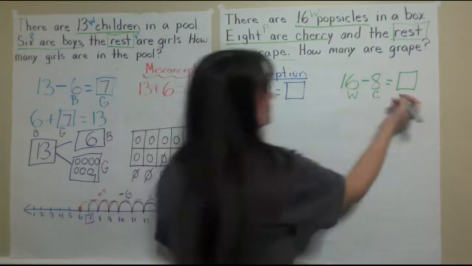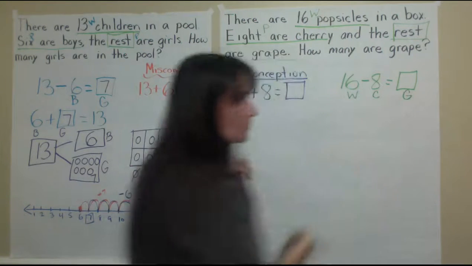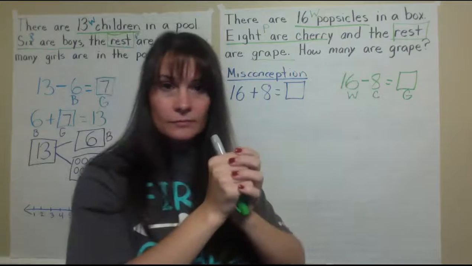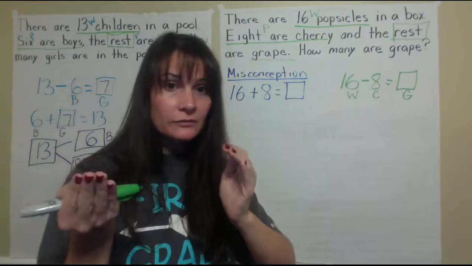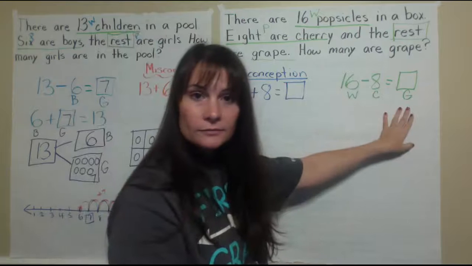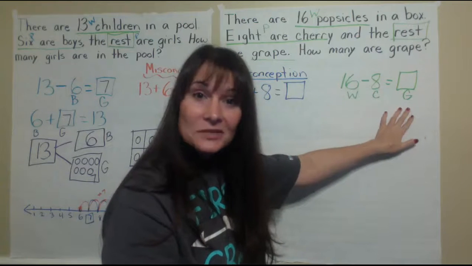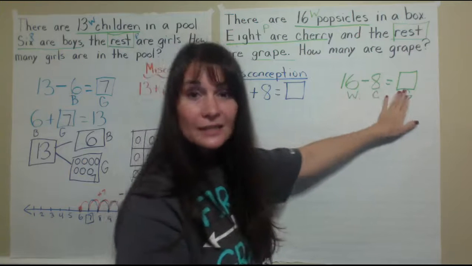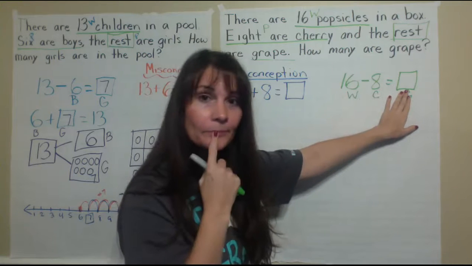And the rest are going to be grape, so I'm going to put a G. So if I had 16, 8 of them are cherry, the rest of them are grape. Would this equation work? Yes, it would, because you're taking your whole, you're minusing one part to get to the other part.